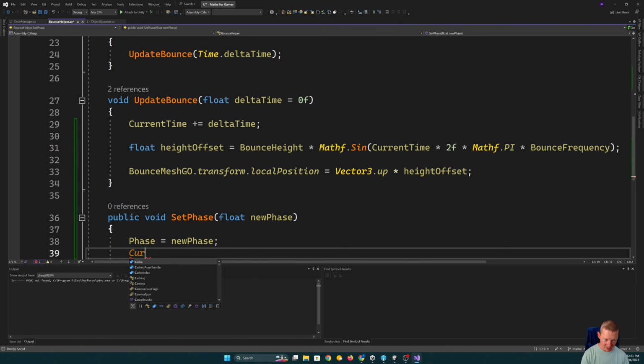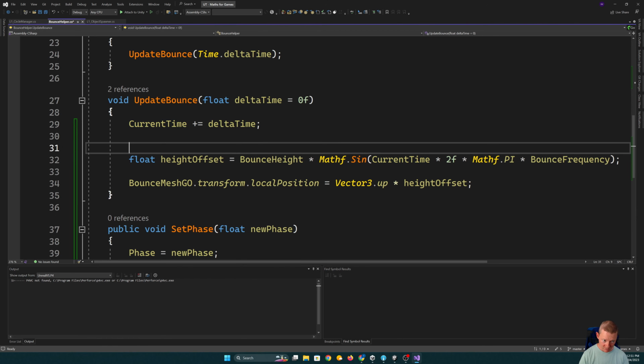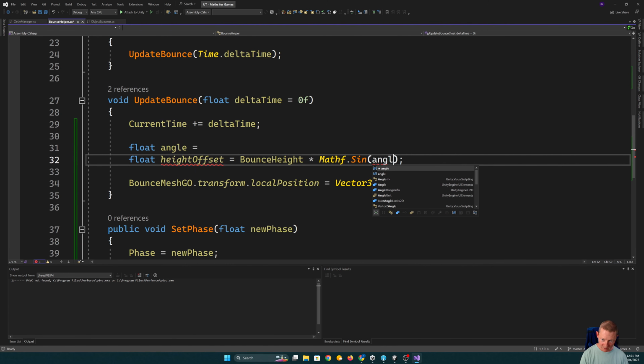And I will do current time equals 0 whenever we set it. And then to apply the phase, well, what I would do is, angle. I'm going to bring all of this out so it's not too unwieldy.